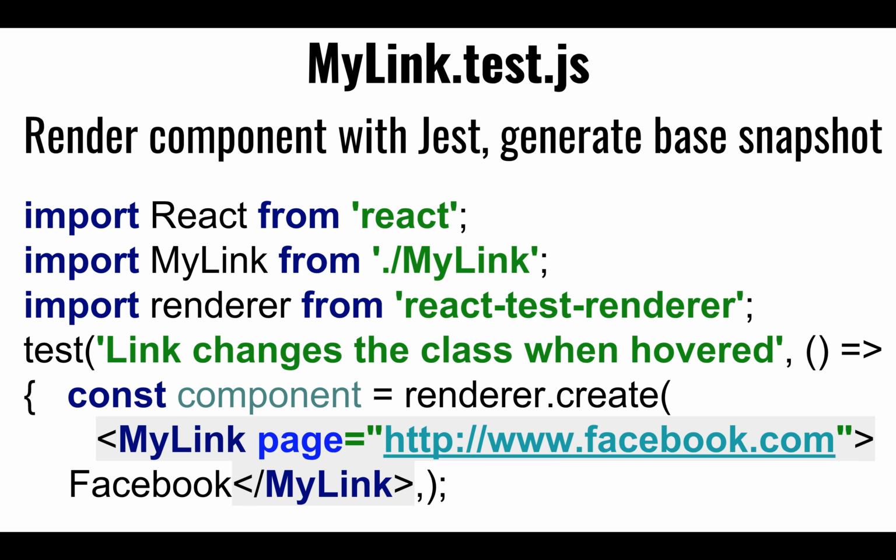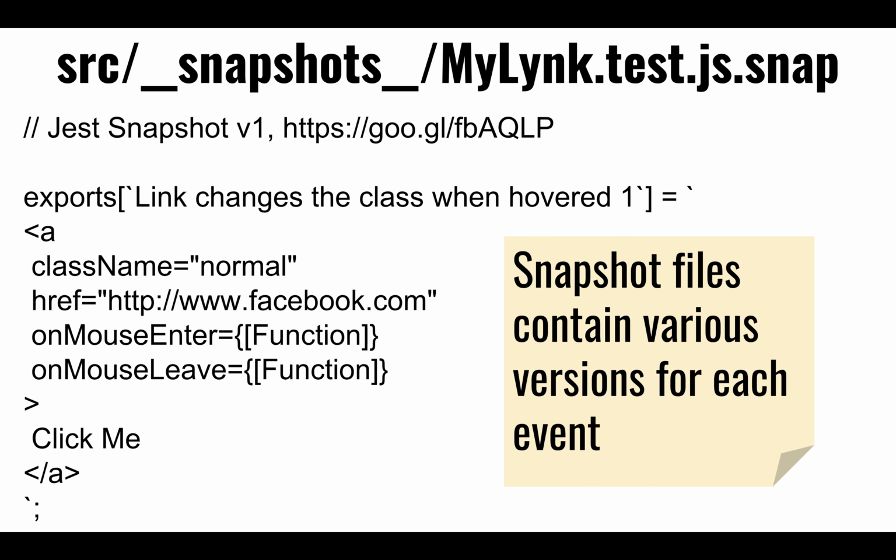Okay? All right? And that is going to be stored in a file that's going to look like this. A file is going to be called like this: my link, with the same name as the test, but it's going to have a snap at the end. See that? The standard configuration is that they are stored by default under the source directory, under a directory called __snapshots__ / the name of the test that generated this snapshot.